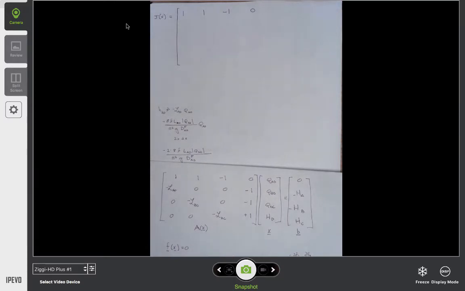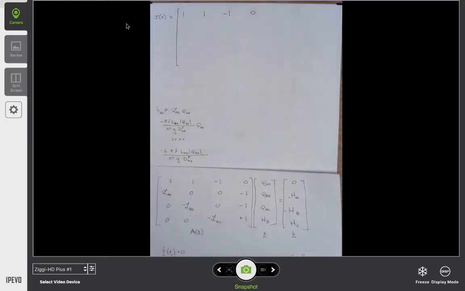And then dQAD with respect to itself is 1. So these terms take on the property that they're going to become minus 2 of what they were.